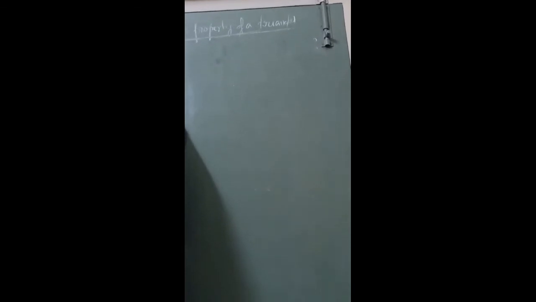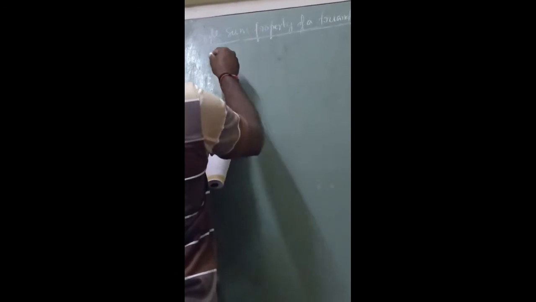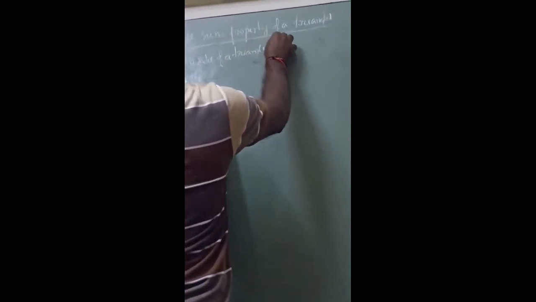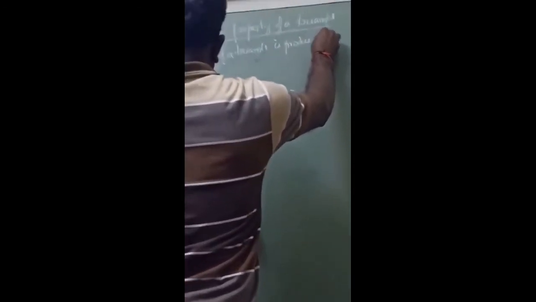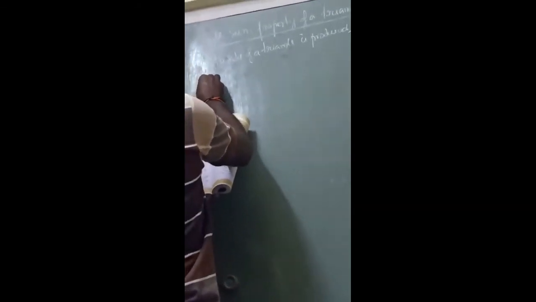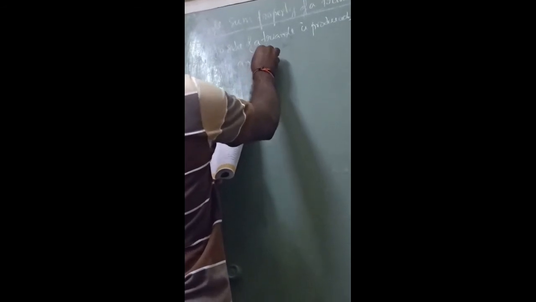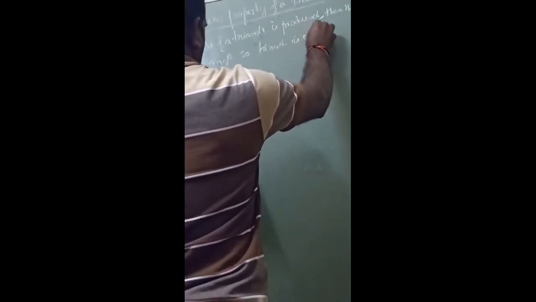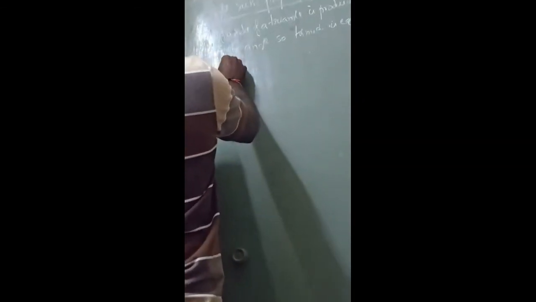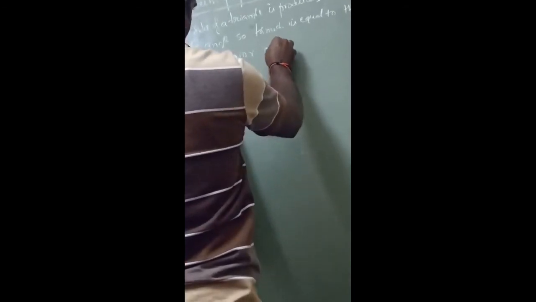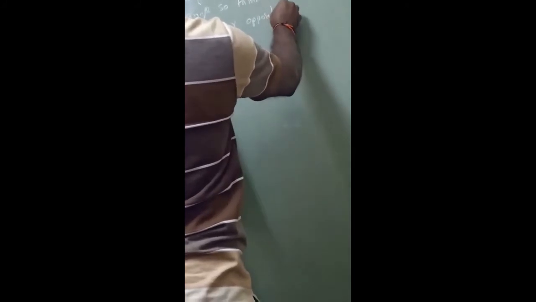Theorem statement: if a side of a triangle is produced, then the exterior angle so formed is equal to the sum of the two interior opposite angles.